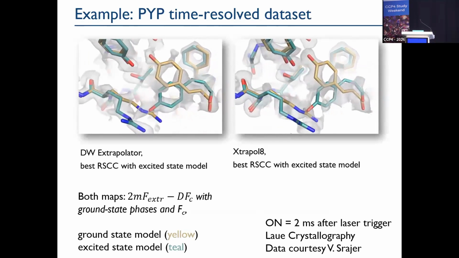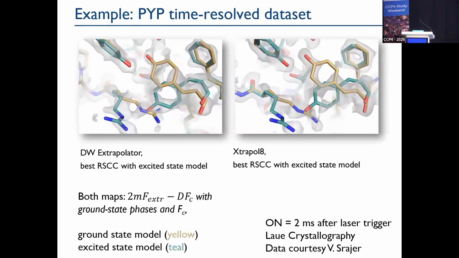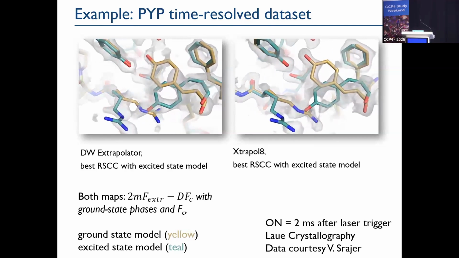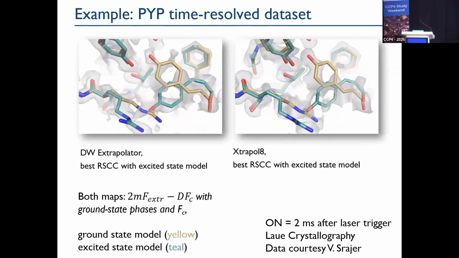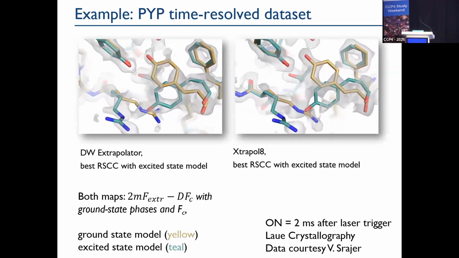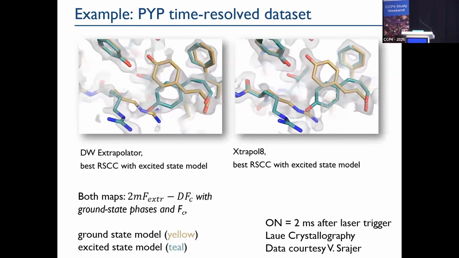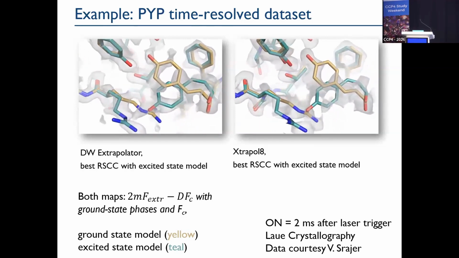We're still finishing this work, but what you see here is we compared the best extrapolated map we get from this approach to the best extrapolated map, by real space correlation coefficient, to the excited state model that existed using extrapolation.